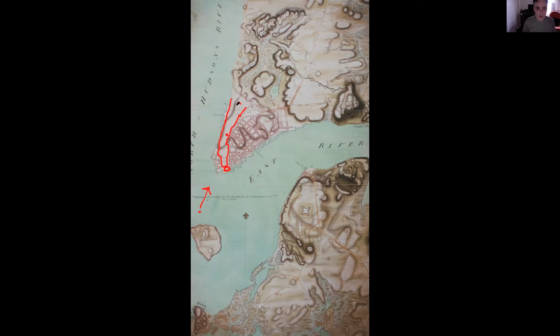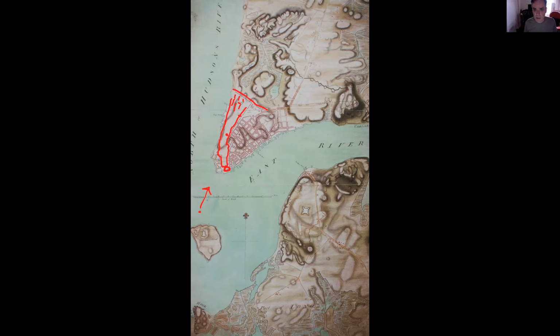There wasn't a lot of development around it. And the fire, as it approached Chambers Street right here, gradually just kind of burned itself out. But it was a devastating fire. Again, approximately a quarter of the city was completely destroyed.